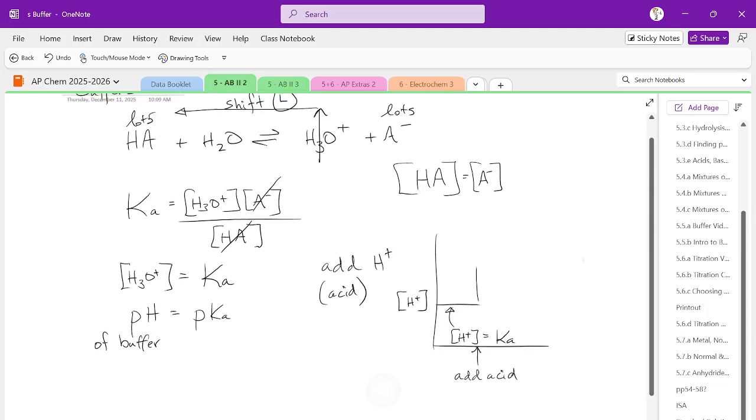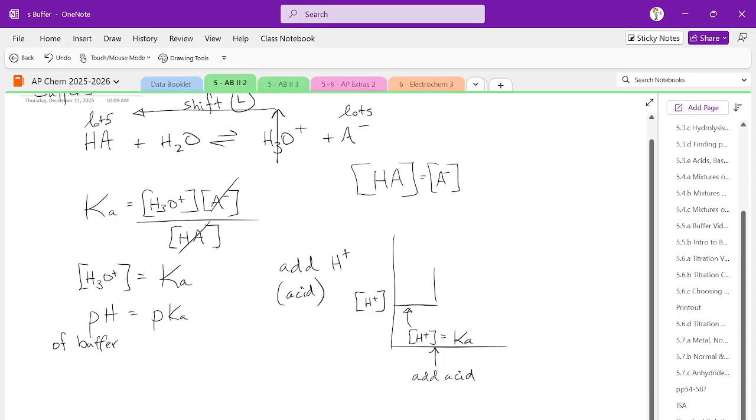We increased the concentration of hydronium, so the concentration spikes. That's our stress.